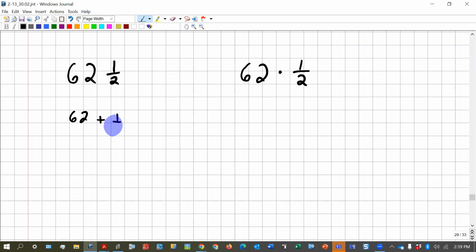So the first one is an addition. But this one is a multiplication. But that's why we hate mixed numbers. It's easier to understand that it's a mixed numeral if the fraction part is written that way without any space.